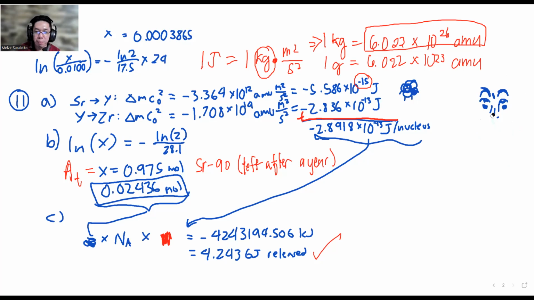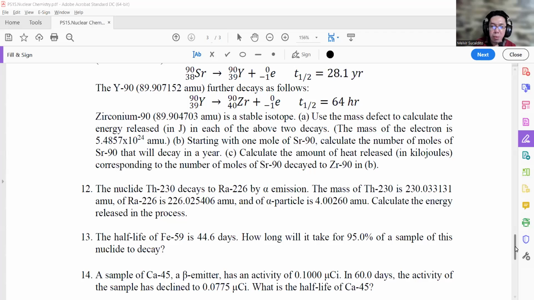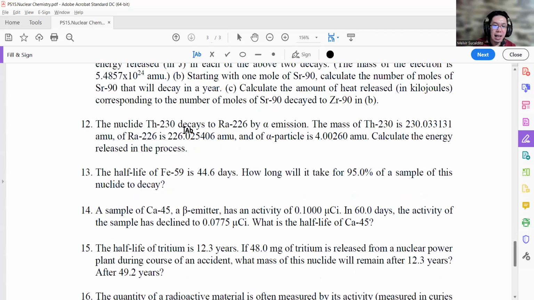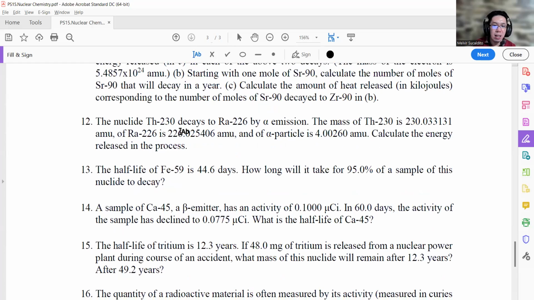For number 12, the nuclide thorium-230 decays to radon-226 by emitting an alpha particle. Given the masses of thorium-230, radon-226, and the alpha particle, what we need is the energy release in the process in joules per nucleus.